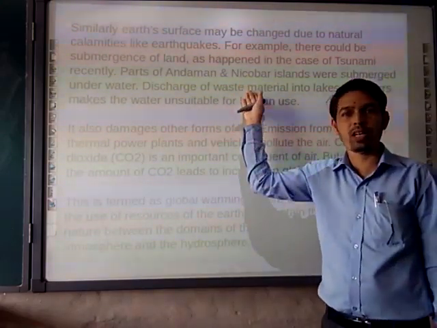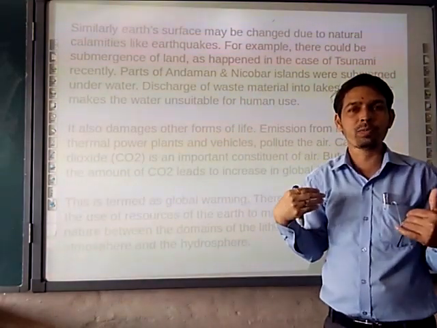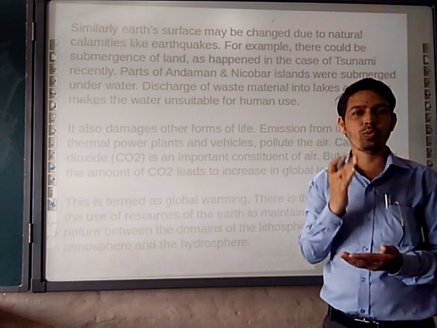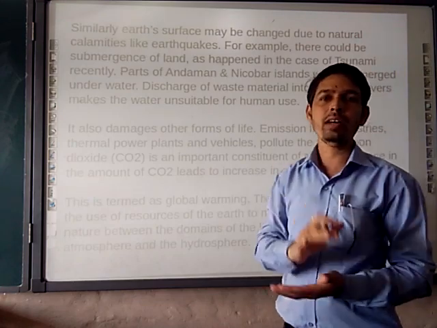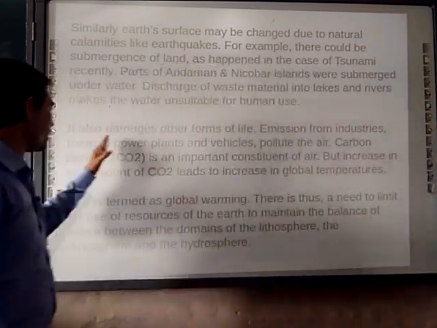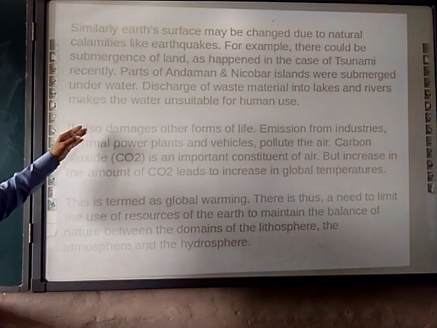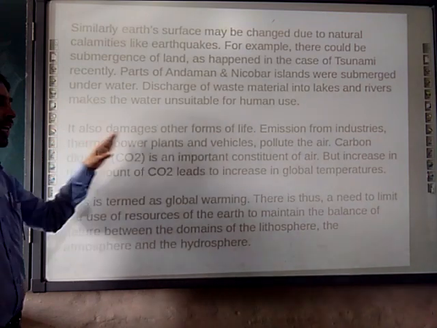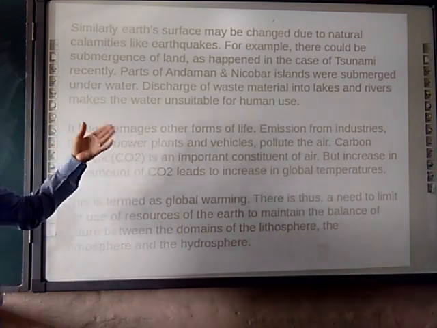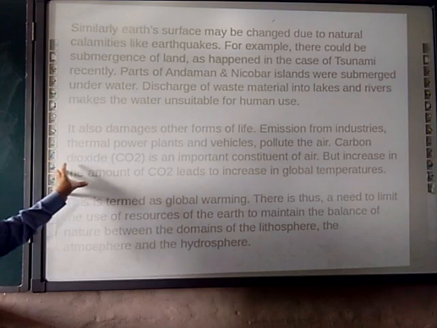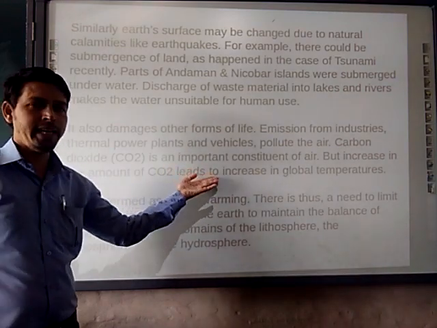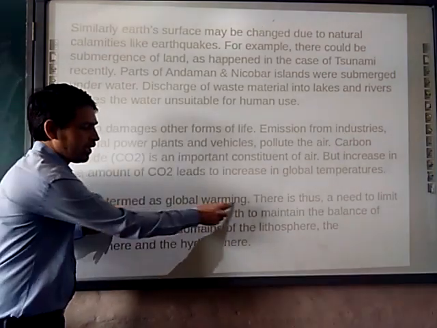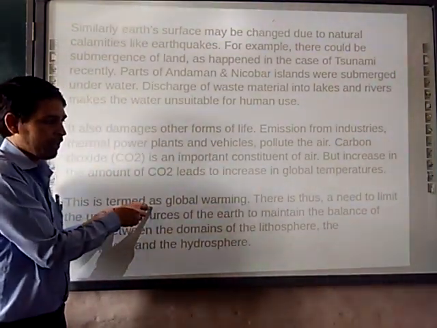That means this part is totally focusing on our responsibility. We should not exploit water resources because water is very essential for our living. It also damages all forms of life which are living in water. That is industrial waste, vehicle pollution, pollution of air and so on. That increases the global temperature and leads to what is called global warming.